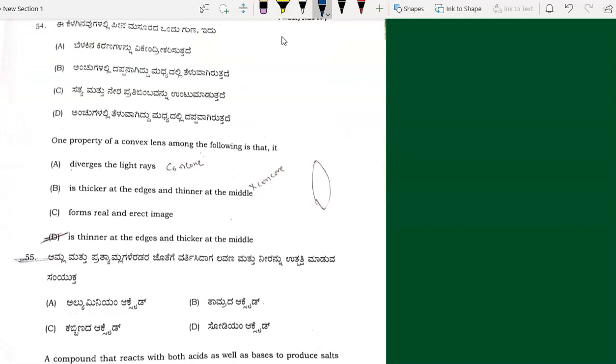Next we have one property of a convex lens among the following. So this is how our convex lens looks like.